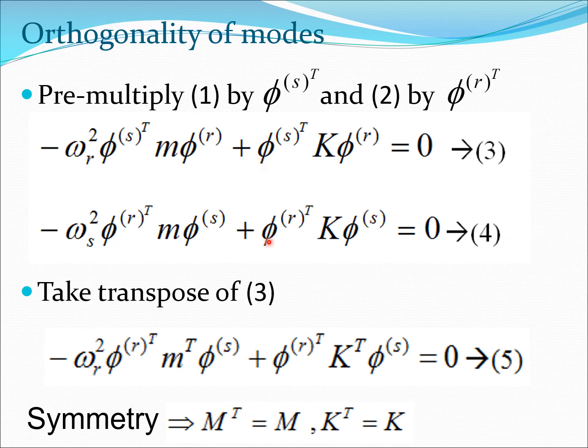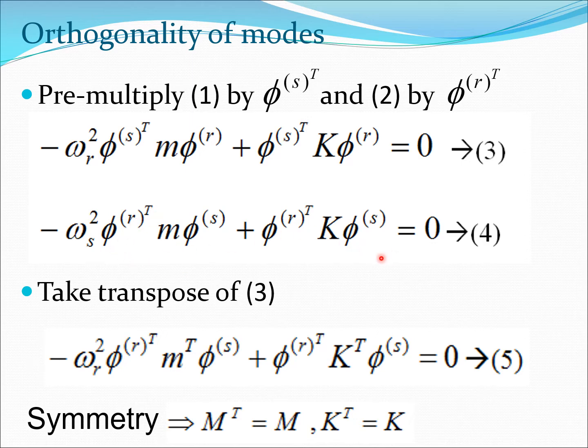So let us take those two equations we got from the last slide, number 1 and 2, and pre-multiply them by phi s transpose and phi r transpose. So essentially the equation which contained phi r is pre-multiplied by phi s transpose here. So you see the entire equation, all the terms are multiplied by phi s transpose. Similarly, in the second equation, which essentially contained phi s, we pre-multiply by phi r transpose.